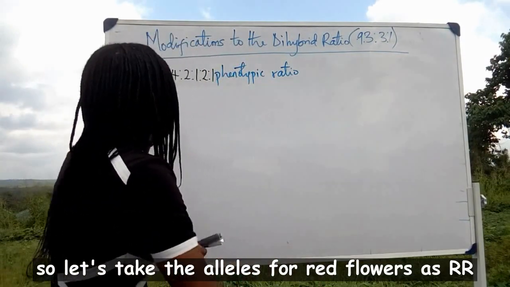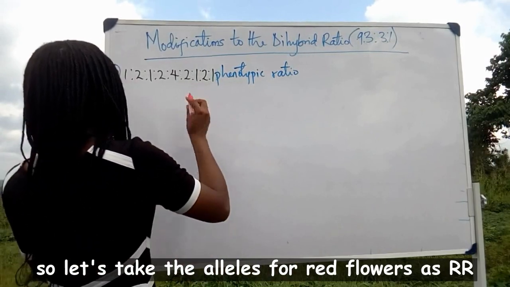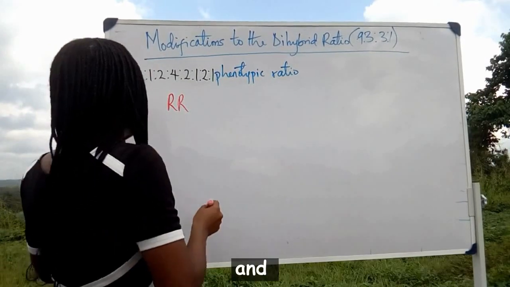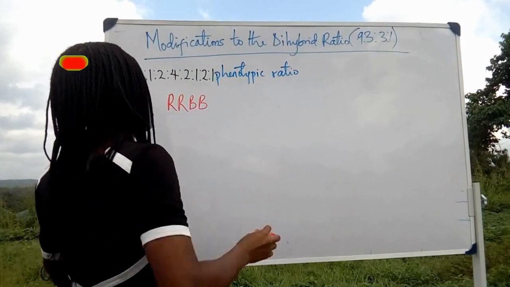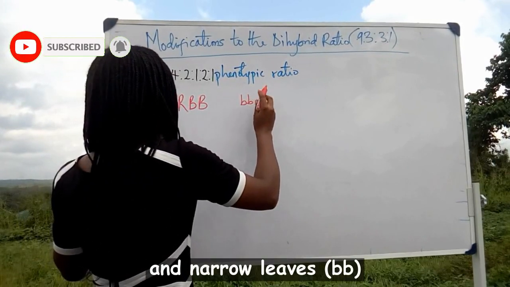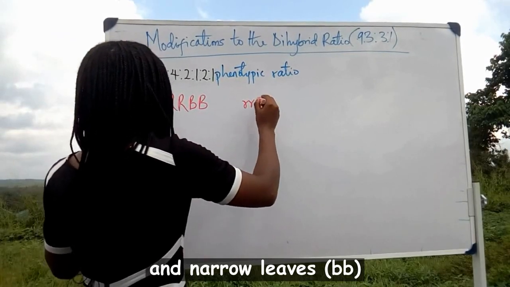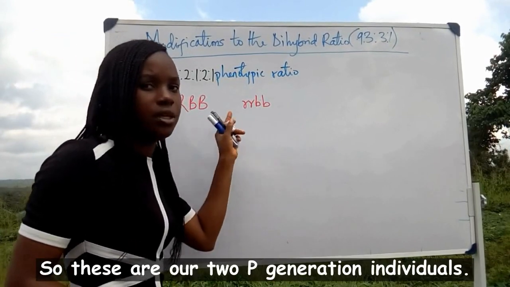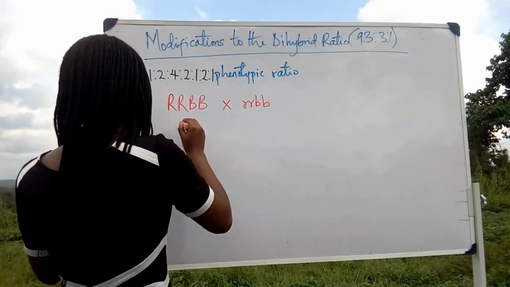So let's take the alleles as for red flowers and broad leaves, and white flowers and narrow leaves. So these are our 2 key generation individuals. So if you cross this, you have these gametes.